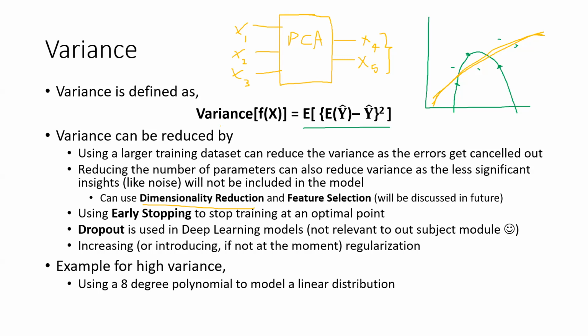Don't you think? So early stopping, or training a lesser number of iterations, would actually reduce the variance, right? Because only if you train many times, the model will fit more and more into the data points. But if you train only a few iterations, it would fit less. But that is not good, right?